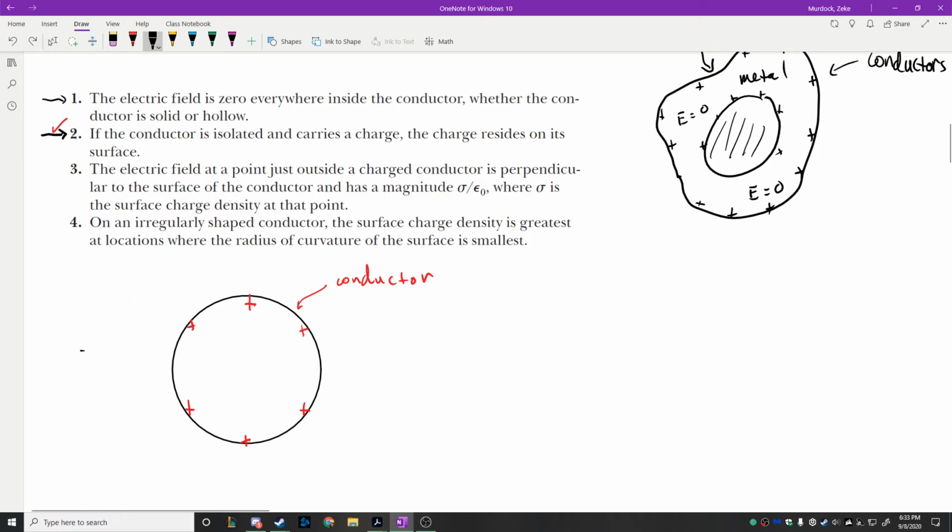And we kind of say something like the following. What if the electric field was not 0 inside? So let's try to prove this by assuming the opposite is true. What if the electric field was not 0 inside? So what if I told you that the electric field in the region inside of this object was like this?